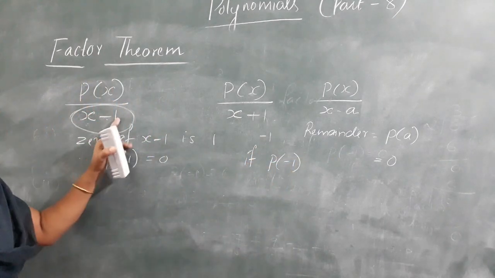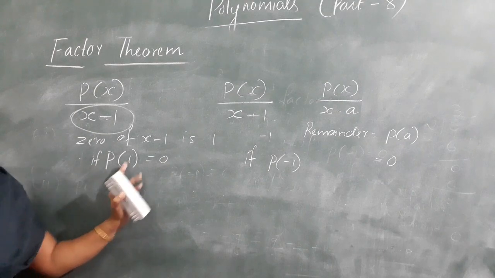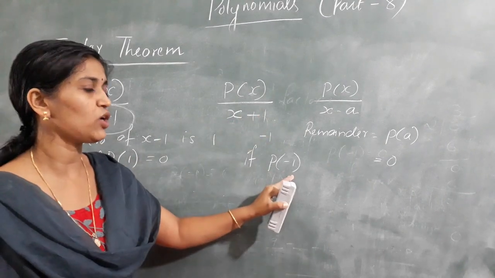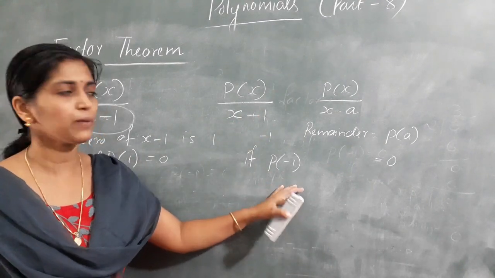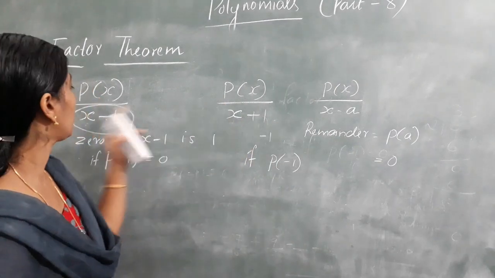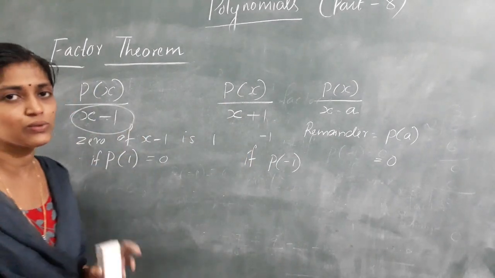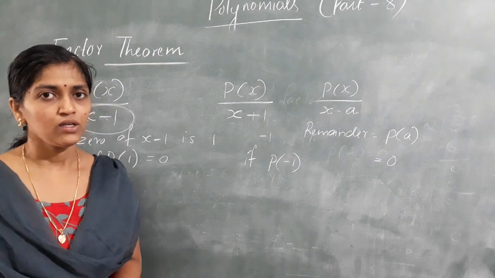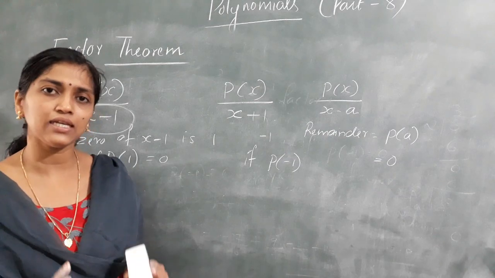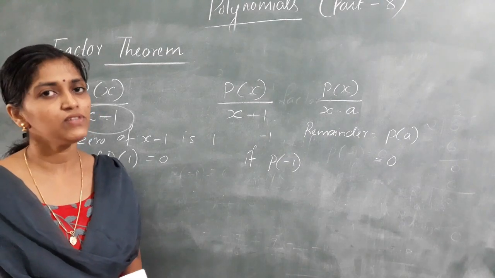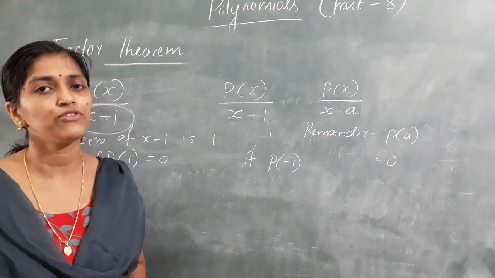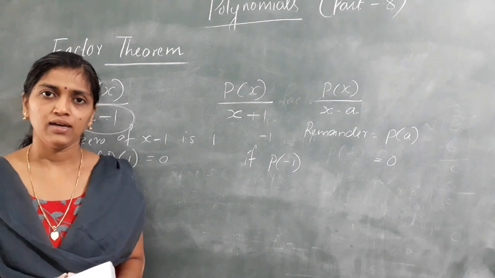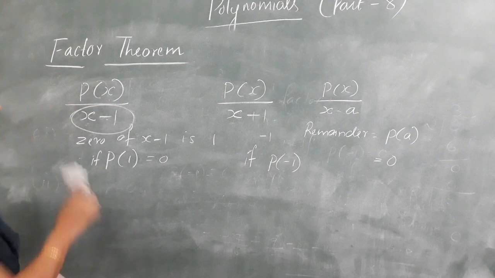When it was x minus 1, it is p of 1. When it is x plus 1, it is p of minus 1. The sign depends upon the zero of the divisor we are using. Is it clear? So I think the factor theorem is clear to you, and we will see the problems of the factor theorem.